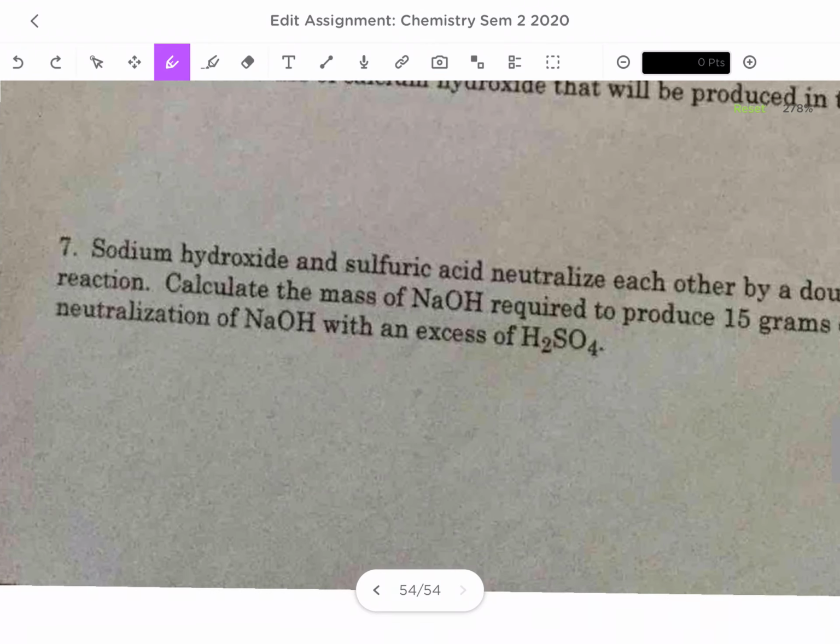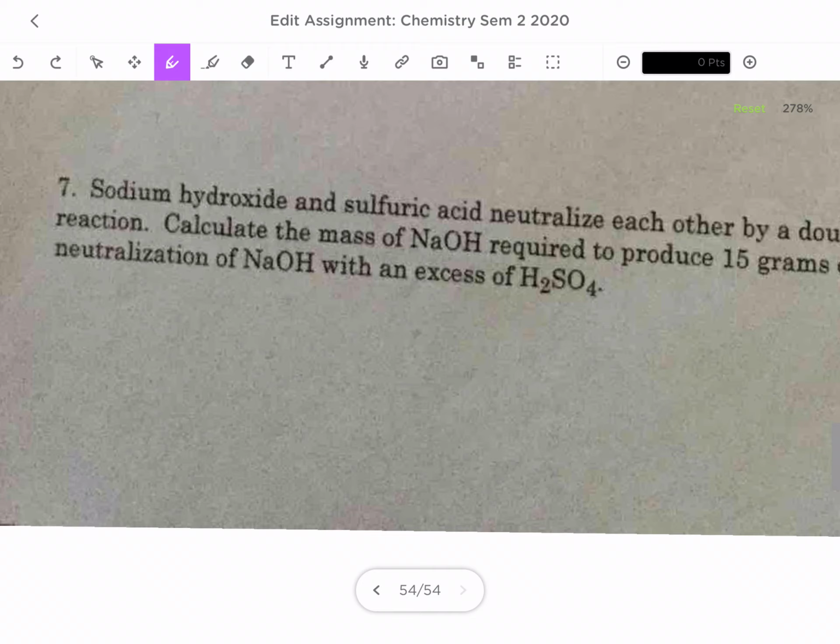Now, if you go down here to number 7, it says sodium hydroxide and sulfuric acid neutralize each other in a double replacement reaction. So sodium hydroxide is sodium and hydroxide, OH. And if we cross those, we get NaOH.